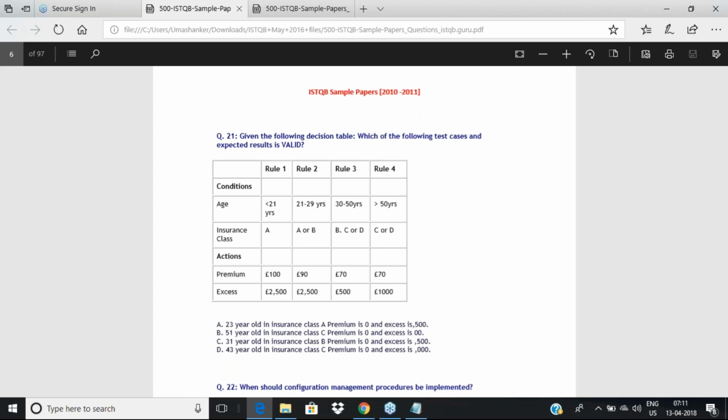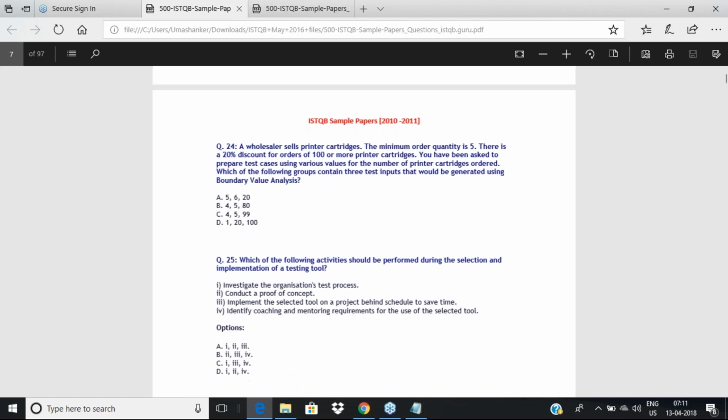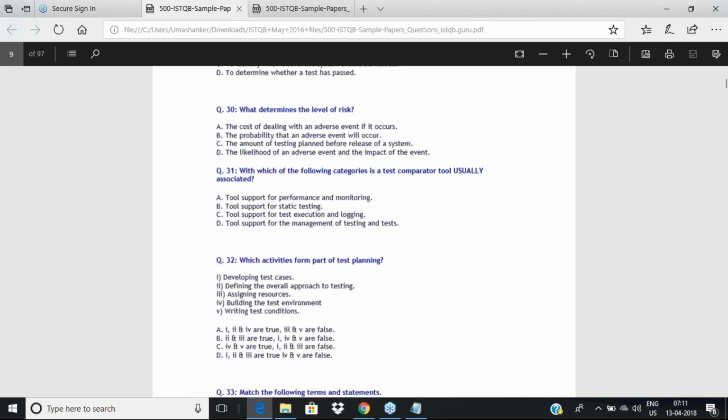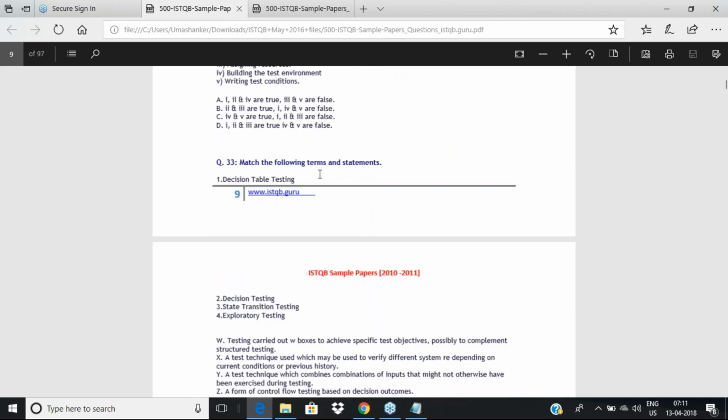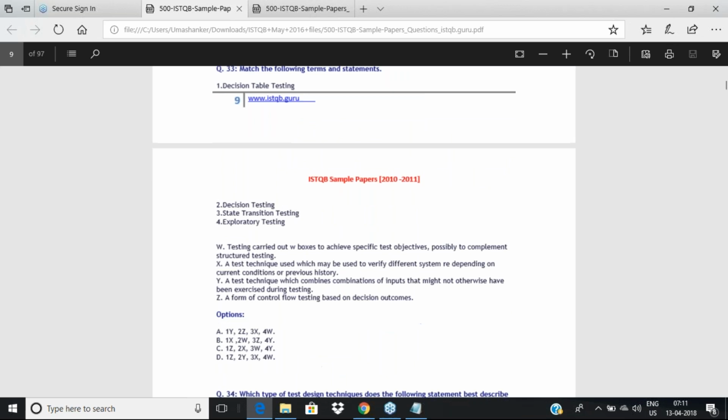We'll look at other questions also, but meanwhile, question number 36. Okay. But before that, Sucheta has 33. So let's look at 33 and 36. Match the following terms and statements.